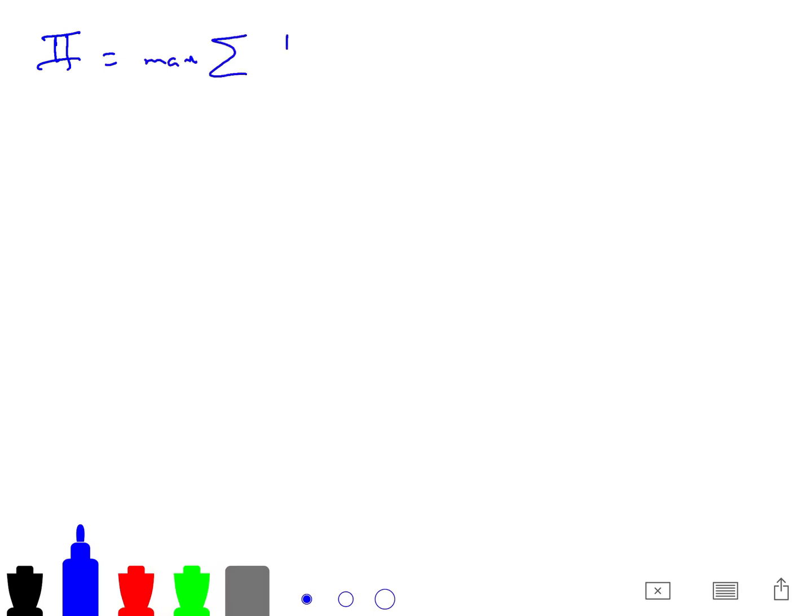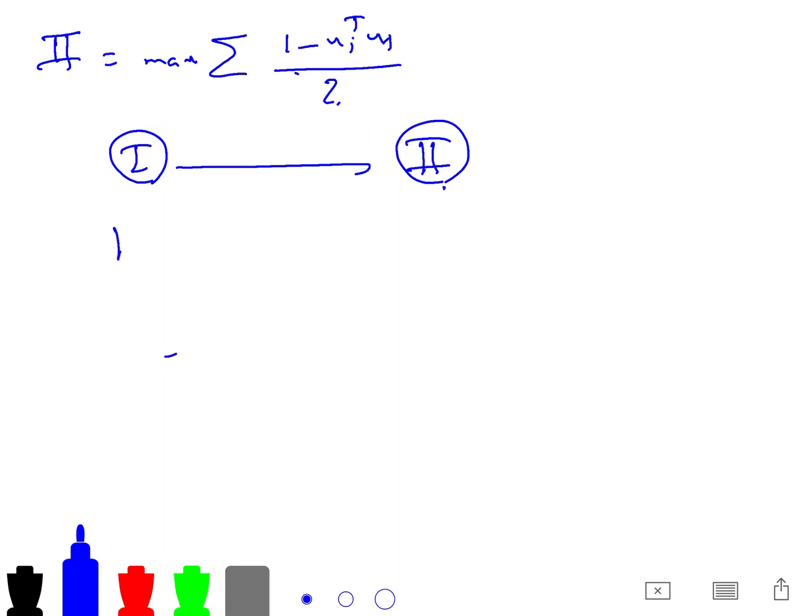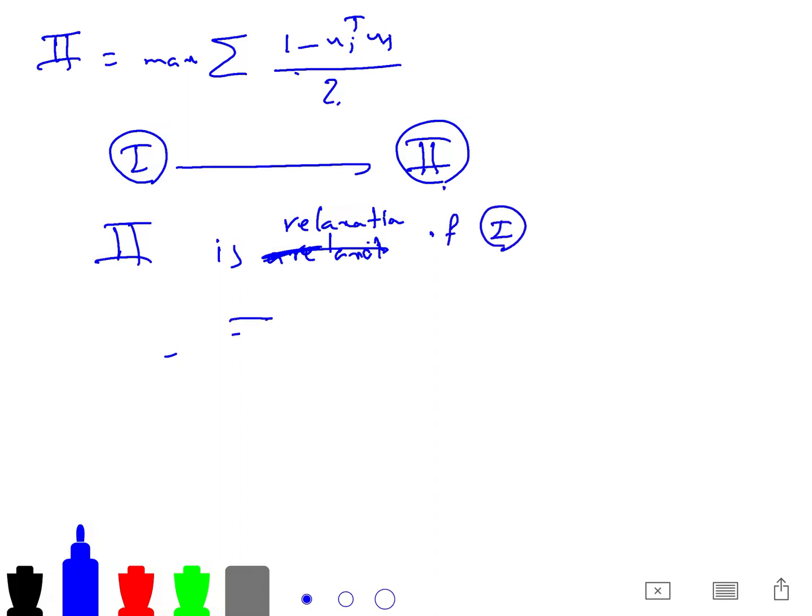So you write it as the maximum of 1 minus ui transpose uj. I'm just reviewing max cut. And how do you use SDP for that? Every solution of 1 has a corresponding solution for 2. And also 2 is a relaxation of 1.